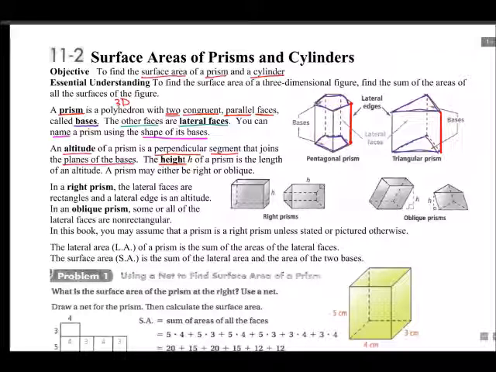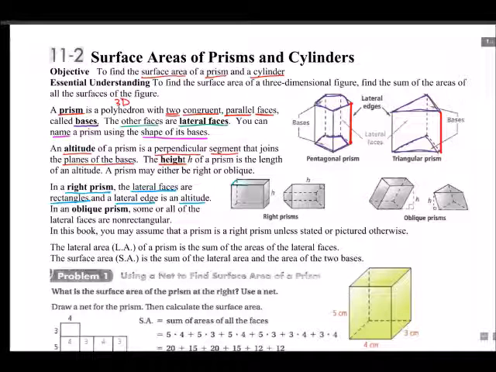Prisms can be right or oblique. Believe me, you would prefer them to be right. In a right prism, your lateral faces are rectangles, and your lateral edge is your altitude. So in our first two prisms here, in this first one, we look for our parallel congruent faces, and this is a nice rectangular prism, which means it can be top and bottom, front and back, or left and right.